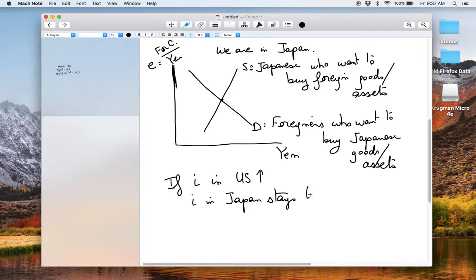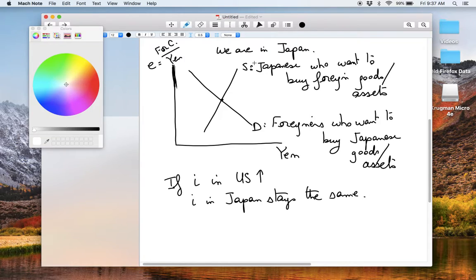Okay, so that means that the US has higher interest rates relative to Japan. So that means that we said there's going to be money leaving Japan to go and invest in the US. Okay? If there's money leaving Japan to go to the US, that means that Japanese people will want to sell their yen so that they could buy dollars so that they can invest in the US and get the higher interest rate. Okay?